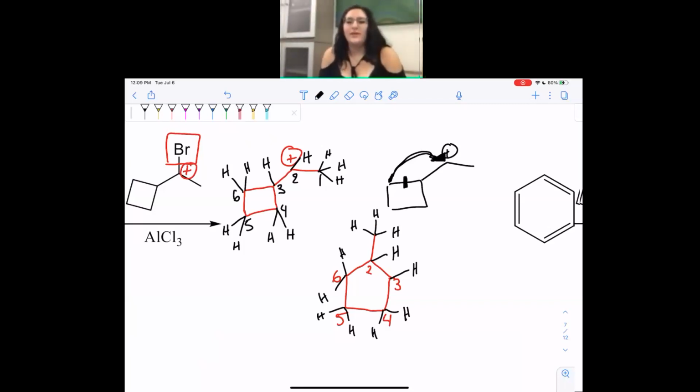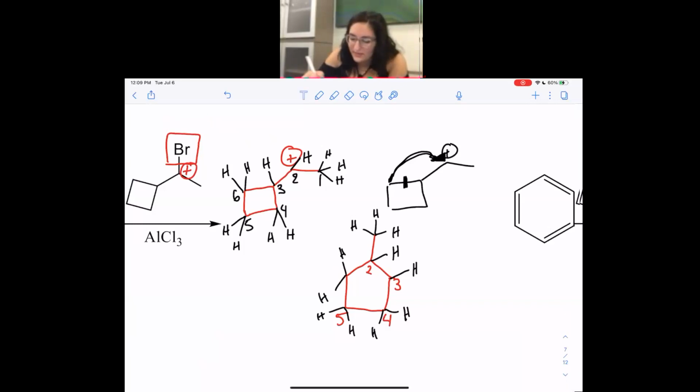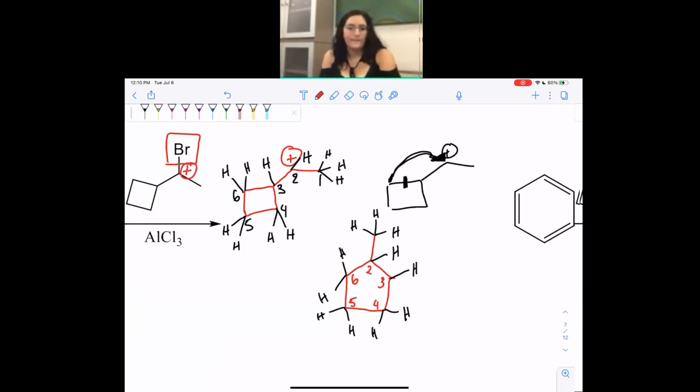So, which carbon has the plus charge? I'm also going to just move these numbers so they're not in the way. So which one of these carbons has the plus sign?